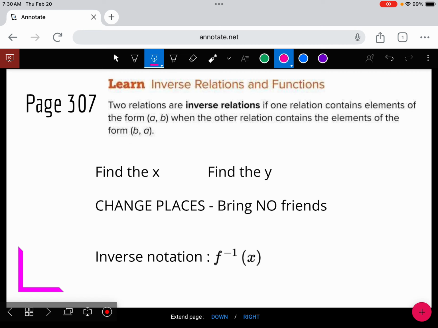There is a funky looking notation, just like how we have our f of x, f parentheses x. This is f power minus 1. So it goes up like an exponent. That means inverse. That is a notation that gets used for inverse from now until you stop doing math ever. I still use that as inverse notation in my grad school courses. Like, that is a thing that is used universally.